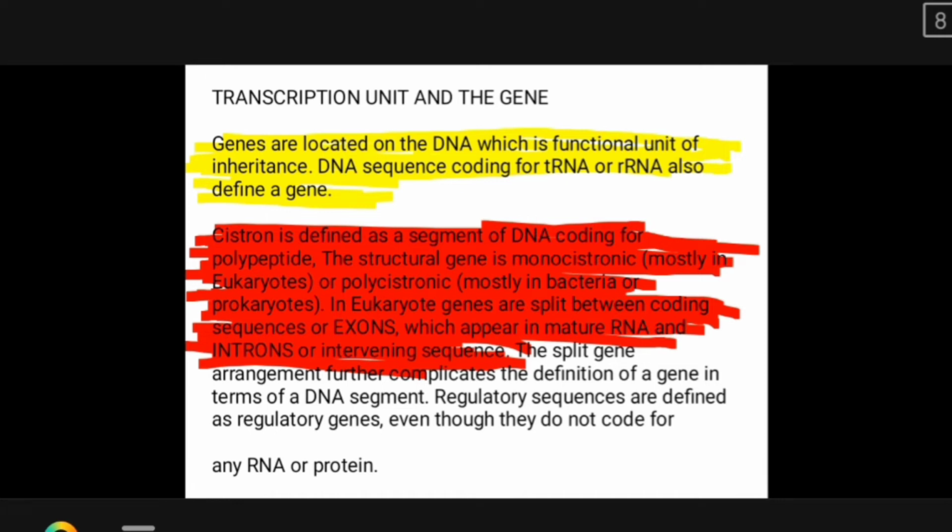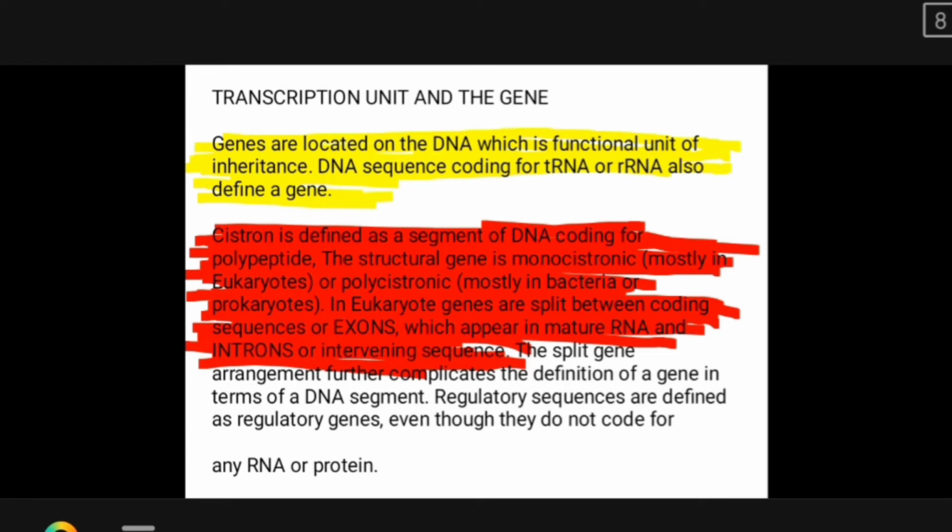But introns are just like hurdles and we have to remove them. They are not useful, so they don't appear in the mature RNA. This is present only in eukaryotes, not in prokaryotes. That's why eukaryotic genes are called split genes, split between coding sequences or exons and the non-coding introns.